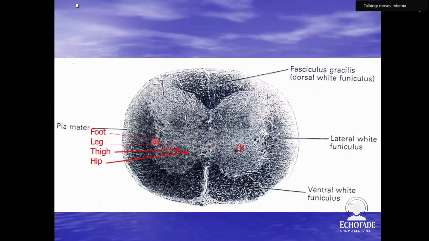So the neurons here would be representing the foot, and the neurons here would be representing the hip. You can see the arrangement. Therefore, if a blood vessel supplying this area is affected, the foot will not be affected, but the hip will be affected. So that's what you need to understand about the gray matter, and this is what we call somatotopic representation.